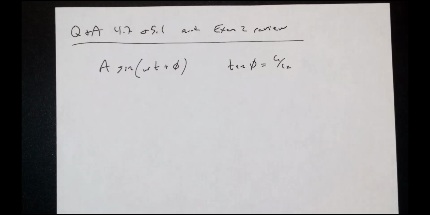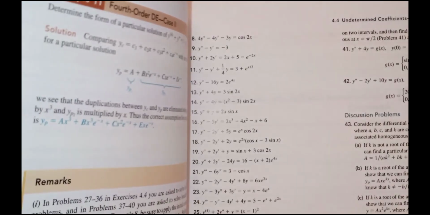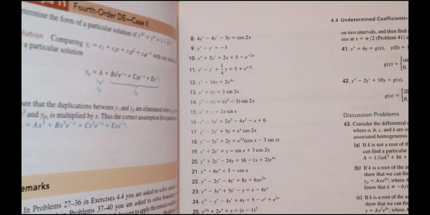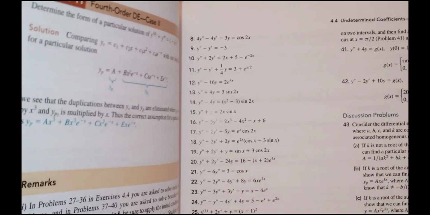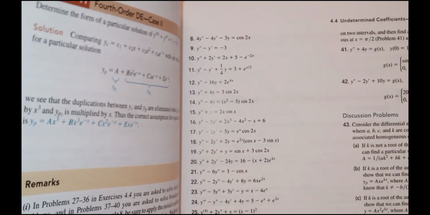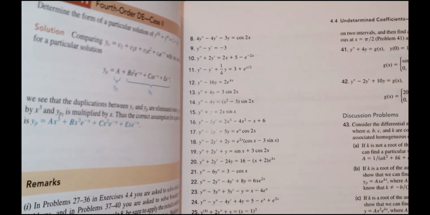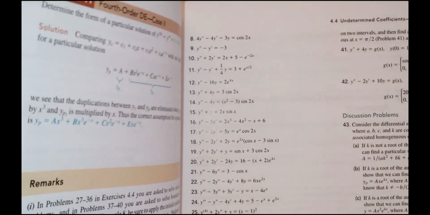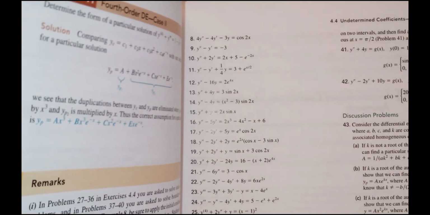So let's pull a couple of these. I've got non-homogeneous terms that look like... Pick one. Can you do e to the 2x times cosine x minus 3 sine x?